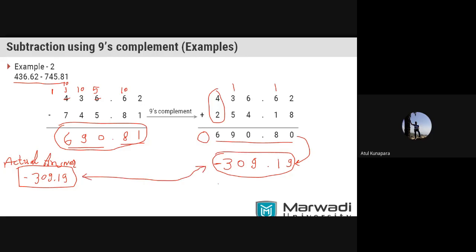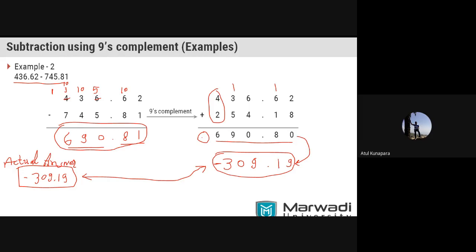So what you have to understand here is, in the previous example, when you are performing a subtraction using nines complement method from larger number to smaller number, then you will be getting a carry when you are adding the nines complement number. In that case you will have a carry, and you will be required to add that carry into the answer to get the correct answer.